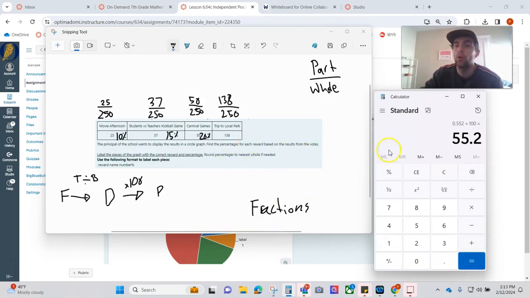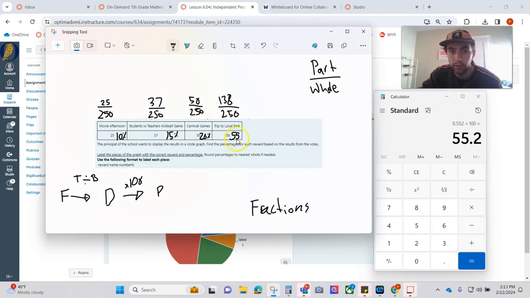But it says round to the nearest whole. We're rounding to the ones place, so we look at the tenths place. A 2 is in the tenths place, and 2 tells 5 to stay, so it rounds down to 55%.